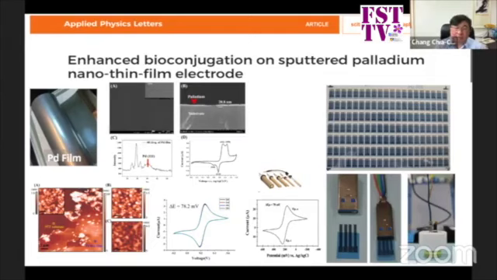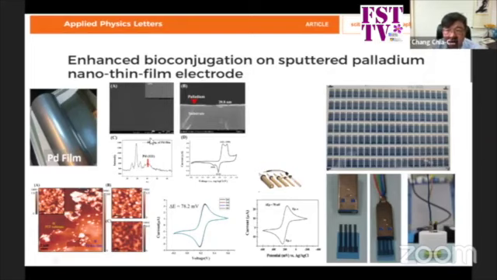So in my lab, we found that palladium is relatively cheaper than gold, so we use palladium to sputter on the substrate. The substrate choice is also important. We found that the PET surface already has some microstructure because it's a polymer.